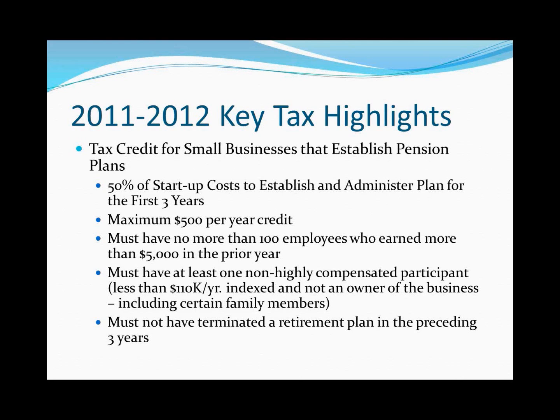So if those startup costs or plan administration costs exceed $1,000, you're going to be capped at $500. Must have no more than 100 employees who earn more than $5,000 in the prior year. So basically, if you have more than 100 employees, this credit's unavailable to you, and must have at least one non-highly compensated participant, and must not have terminated a retirement plan in the preceding 3 years.